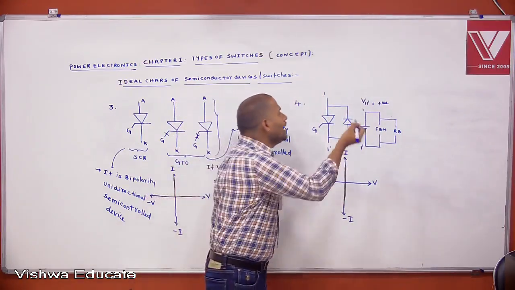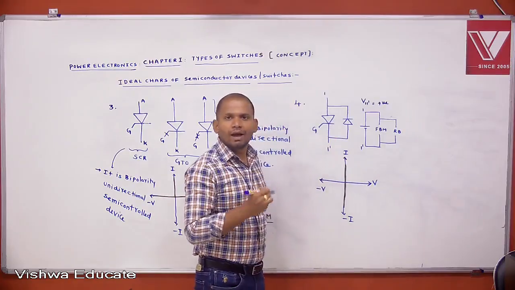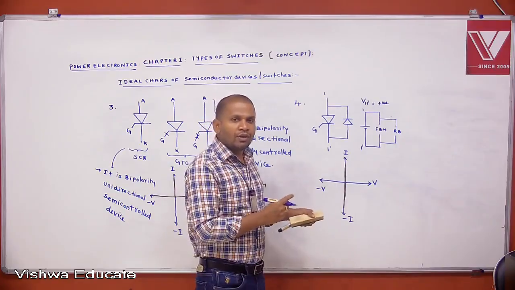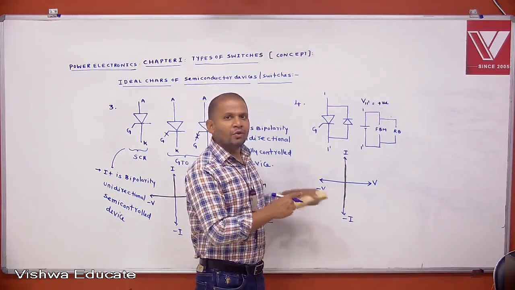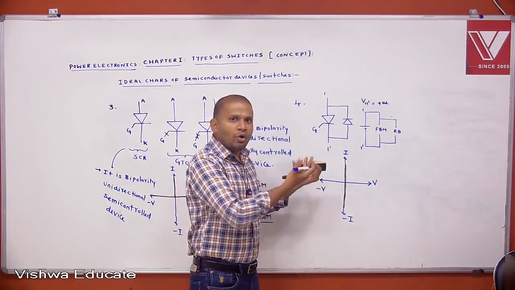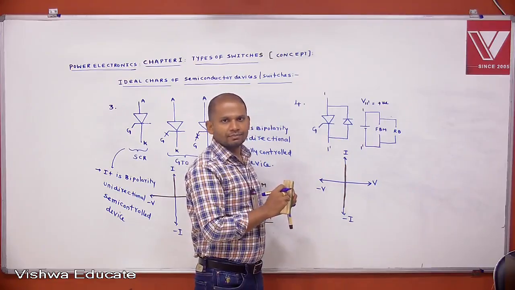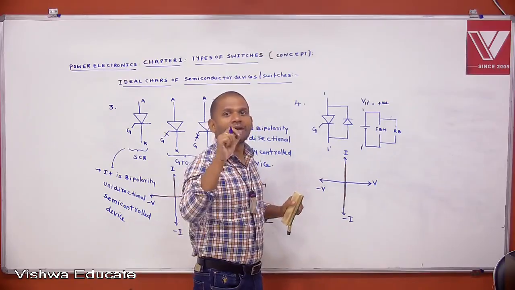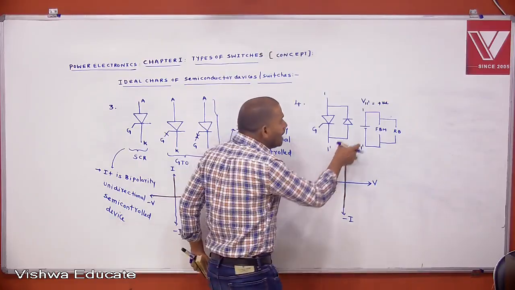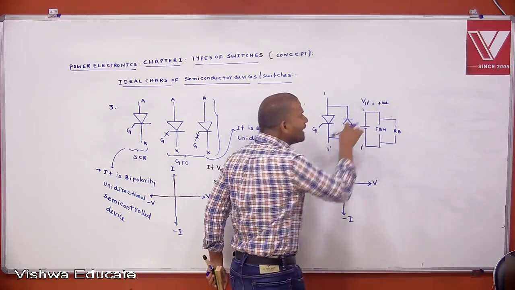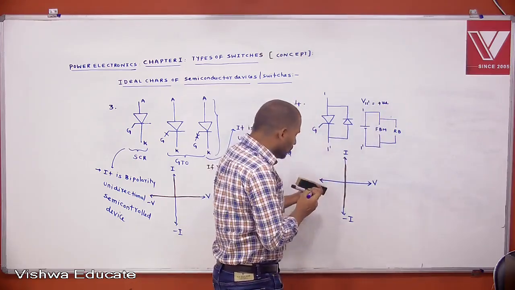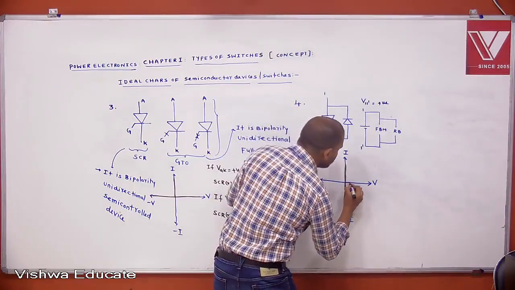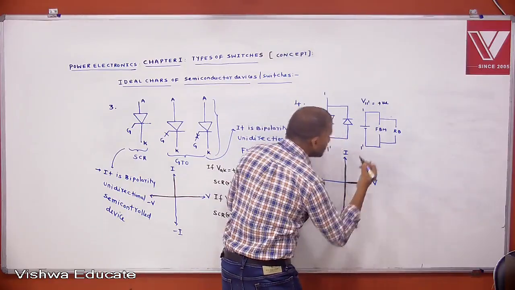Then is the total device blocking or conducting? No device is conducting. If even one device is conducting, then you take it as conducting. But no device is conducting, so the total device is blocking. It blocks which voltage? Positive voltage. That's why we get the characteristics on this side, like this.